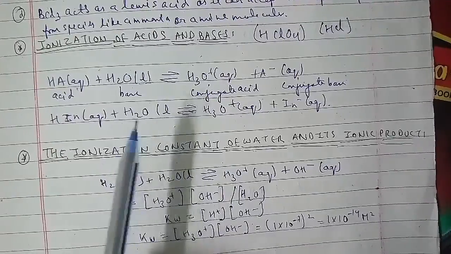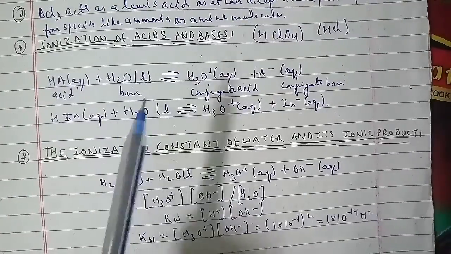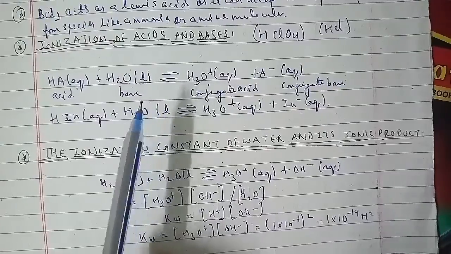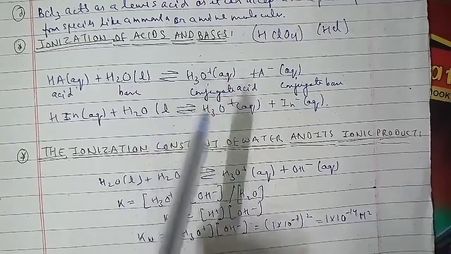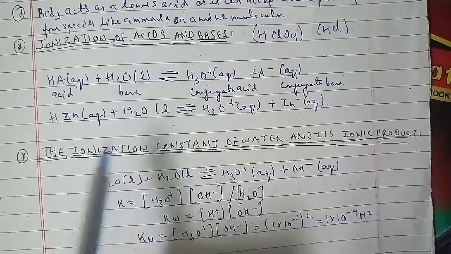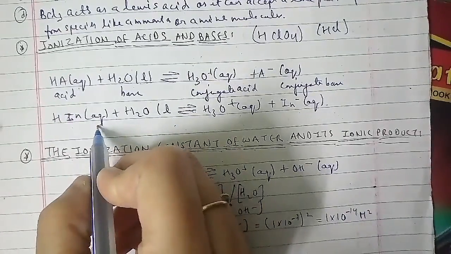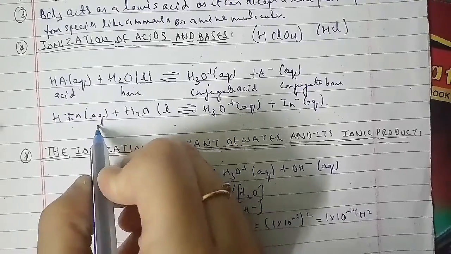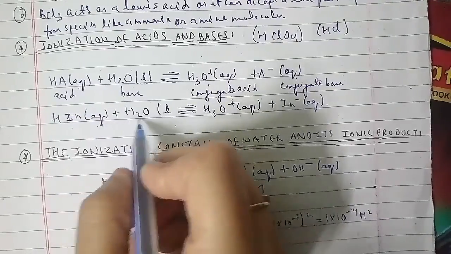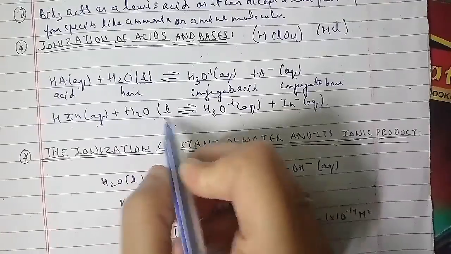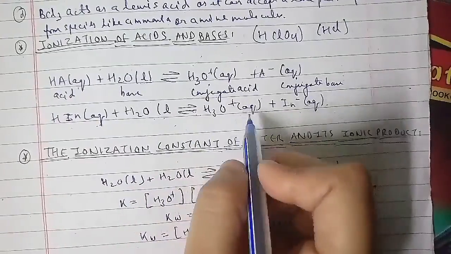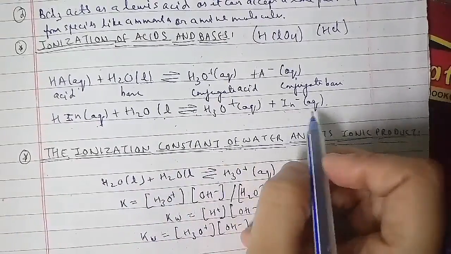They exhibit different colors in their acid form, that is HIn, and the conjugate base, In minus form. So here we have an equation: HIn in aqueous state plus H2O in liquid state gives H3O plus in aqueous state and In minus in aqueous state.